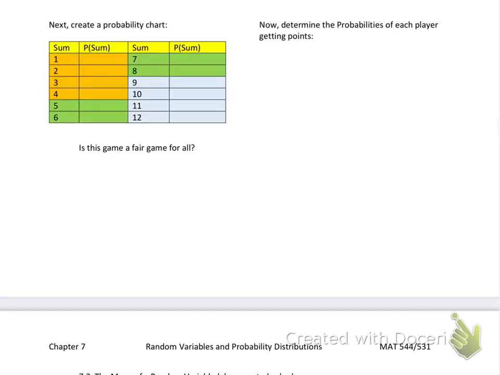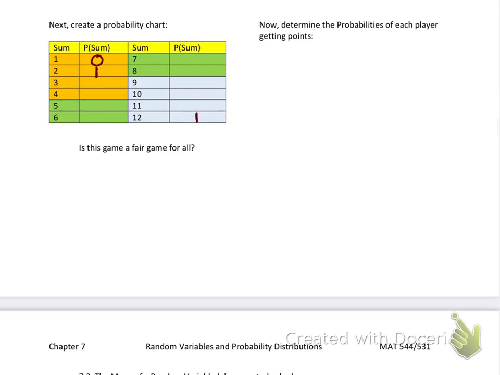Okay, here's our chart. So what I see is the sum can never be 0, because I don't have a 0 on a die. So I'm going to fill this chart in now. So the probability of getting a 1, that happens 0 times. Getting a 2 happens once, and remember getting a 12 happens once.